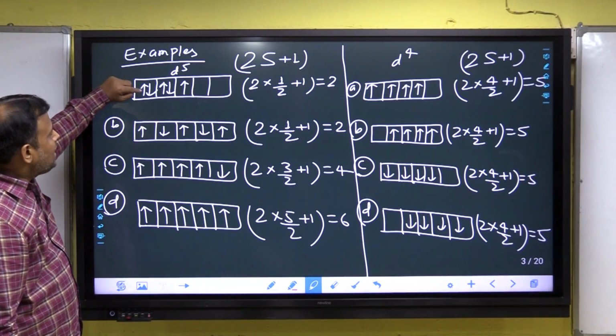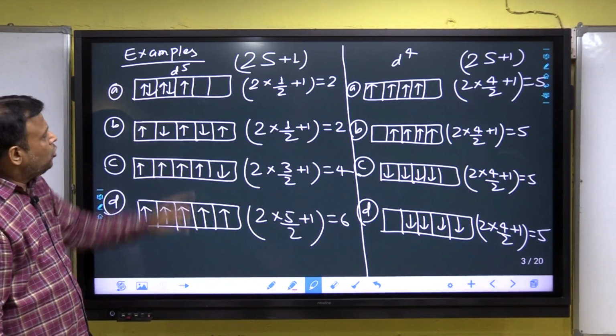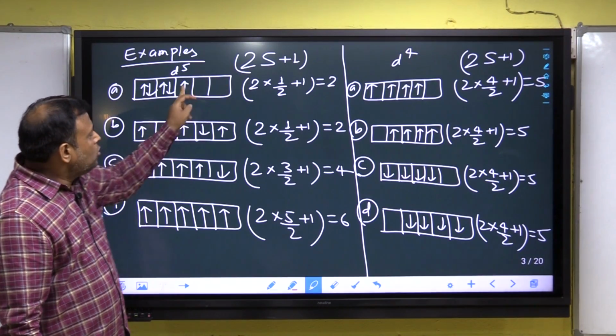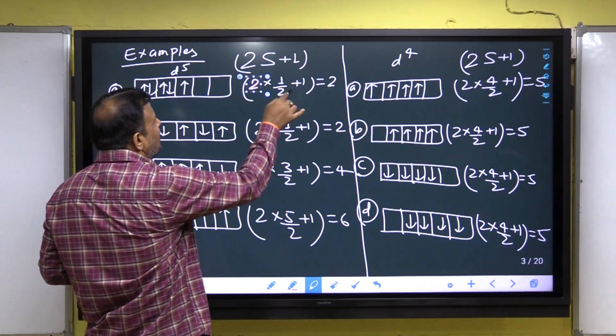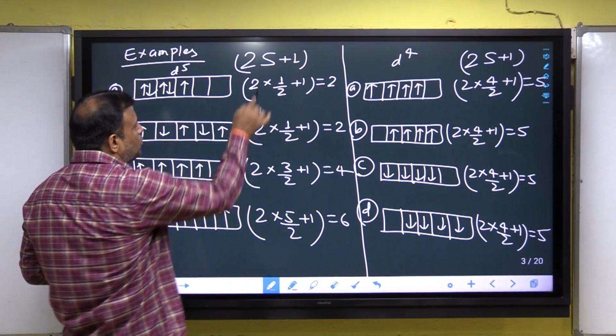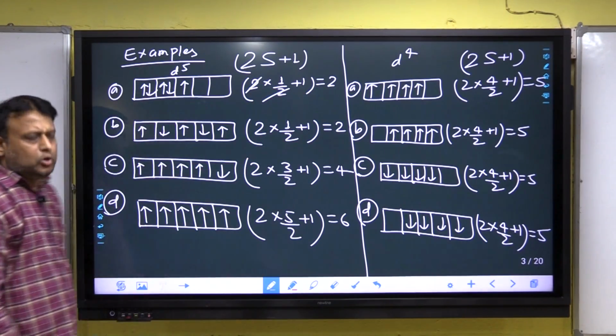Plus half, minus half, 0; plus half, minus half, 0; plus half. Then 2 into total spin, half, plus 1. The 2 and 2 cancel, and after calculation, it will be 2.